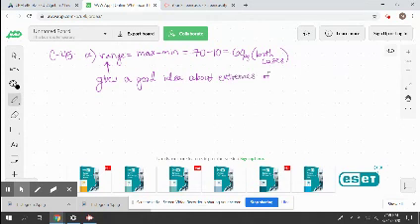But it doesn't actually give a very good idea of the bulk. So it gives a good idea about the extremes of the data, but not a good idea of the in-between or the bulk of the data.